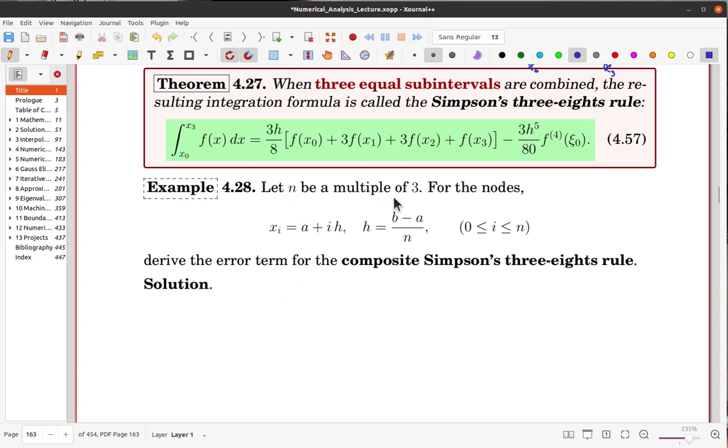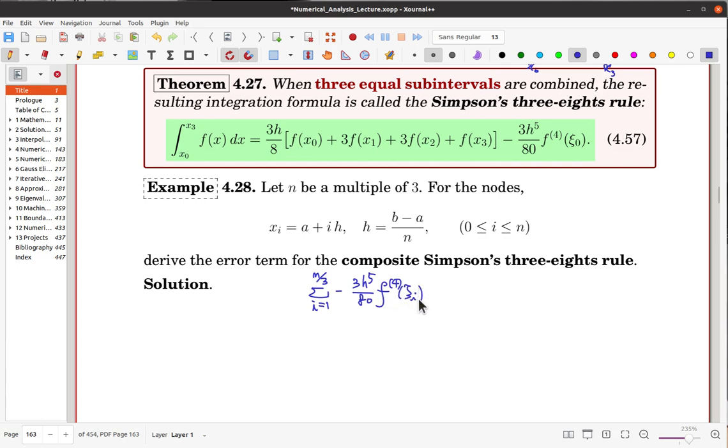Assuming n is a multiple of 3, and we apply Simpson's 3/8 rule, the error will be added n over 3 times, so the error must be the sum over i from 1 to n over 3 of minus 3h to the 5 over 80, times f fourth derivative at some point psi i.